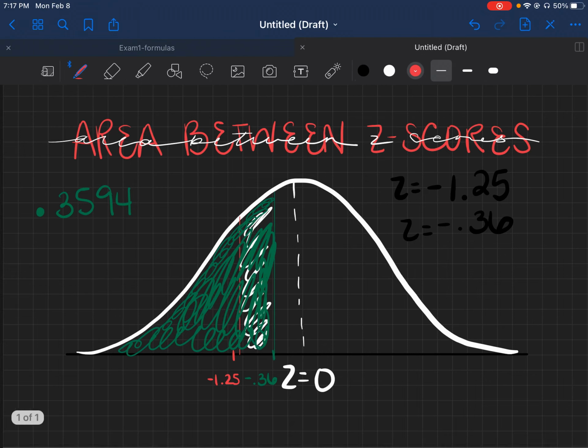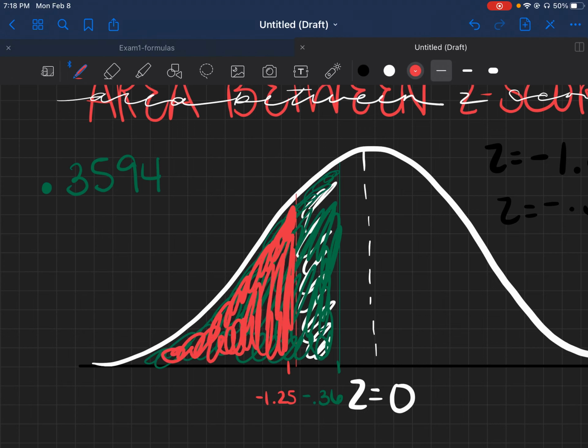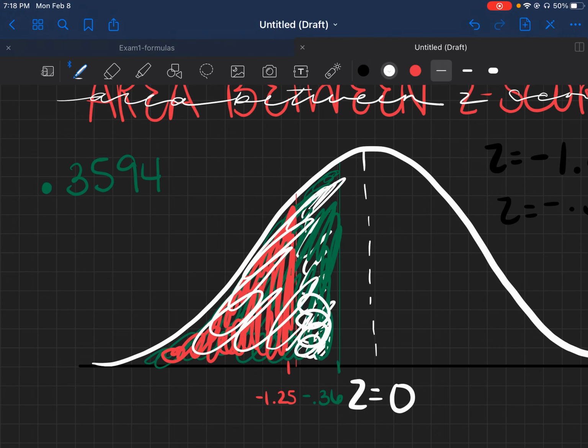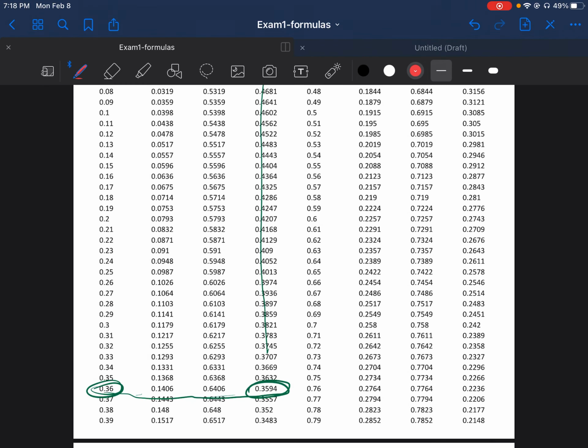Okay, so next, I'm going to find this portion. As you can tell, this small white portion here is just the green portion minus the red portion. So I'm going to find the tail of negative 1.25, same thing as with the 0.36.